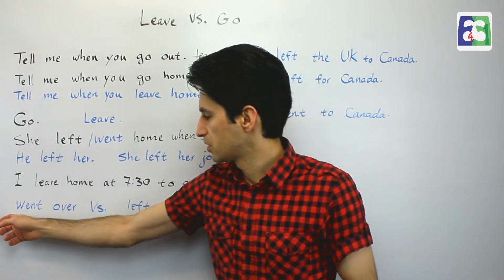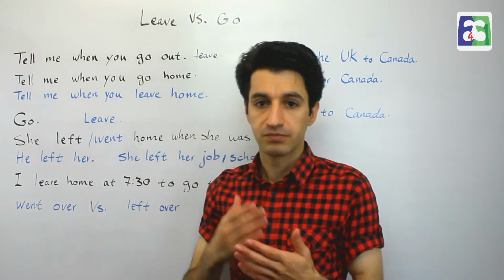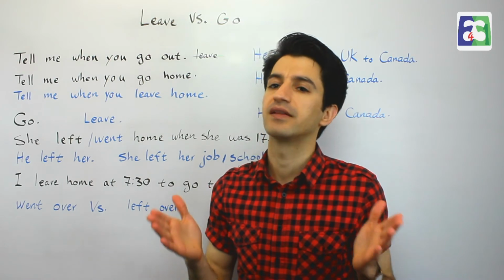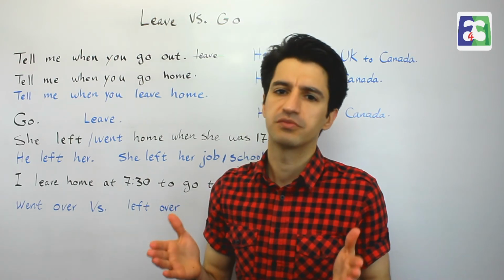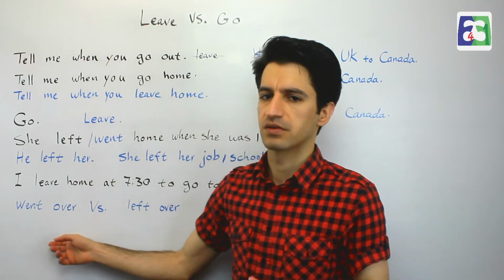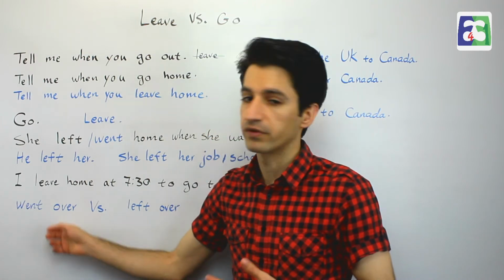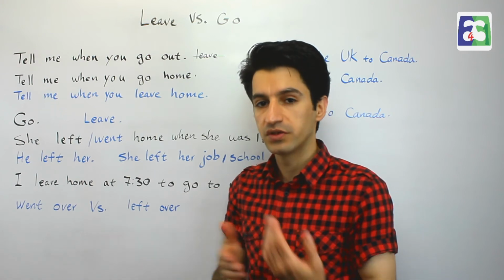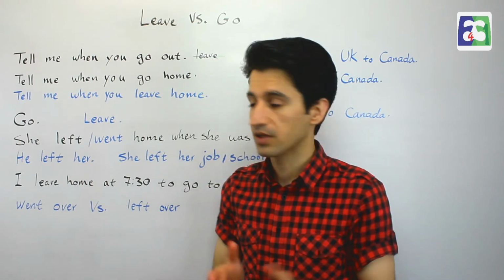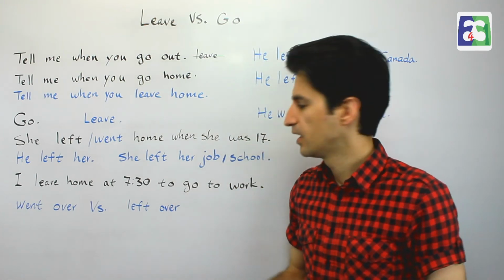Let's say went over means to review. For example, you study for your exam, and the night before your exam, you just go over. Or if it's the past tense, we say she went over, means to review. She has reviewed whatever she has had, the notes. But leftover is something different.